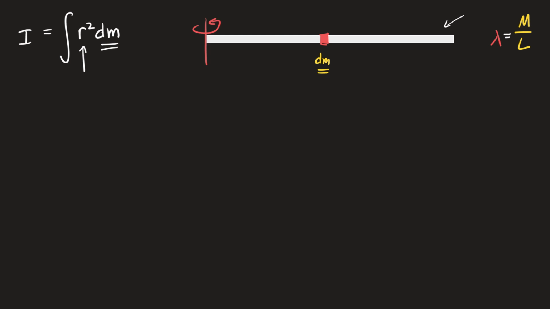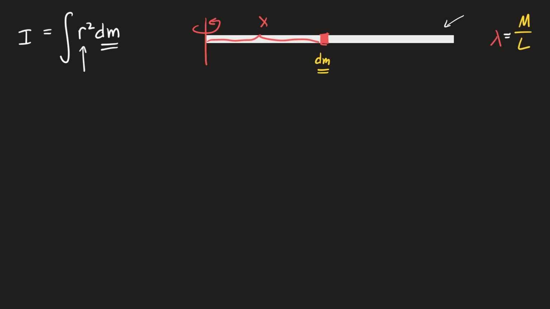This object's linear, so this is going to be super easy. I can point to that piece by saying that piece is this far away from the axis of rotation. And I'm just going to use x as a way of defining that piece. So I'm saying this random piece of the object is a distance x away from the axis of rotation.